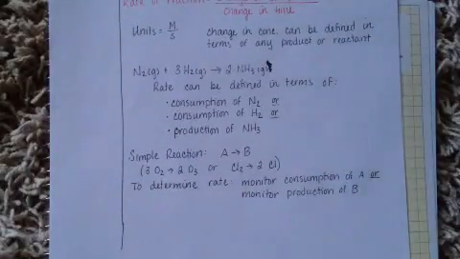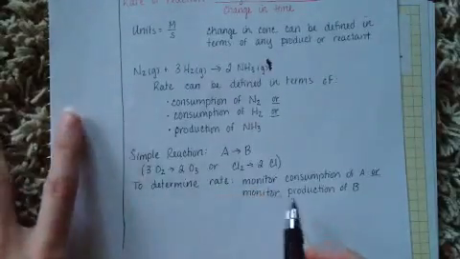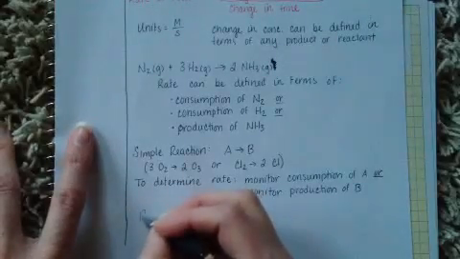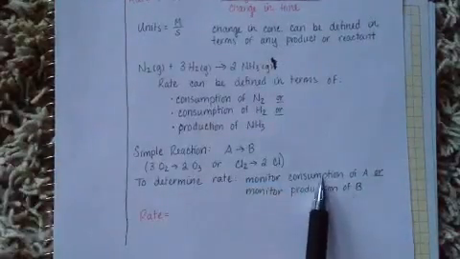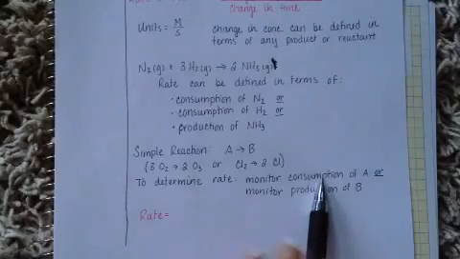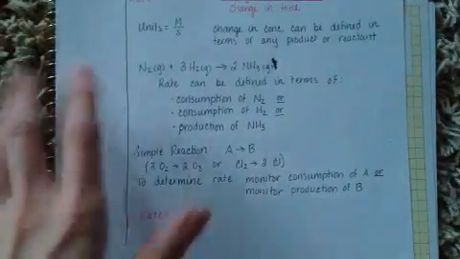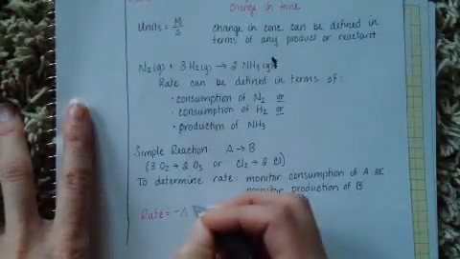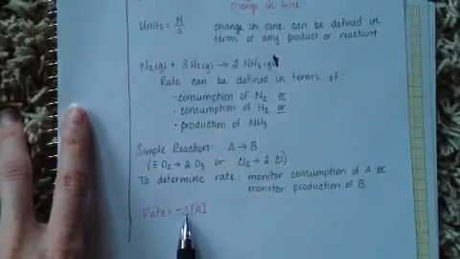And the rate of this reaction, if we were monitoring the consumption of A in order to determine the rate, then because A is being consumed and its concentration is being decreased, it would be a negative change in concentration. And we would write that using this notation. Looks like this: delta for change.